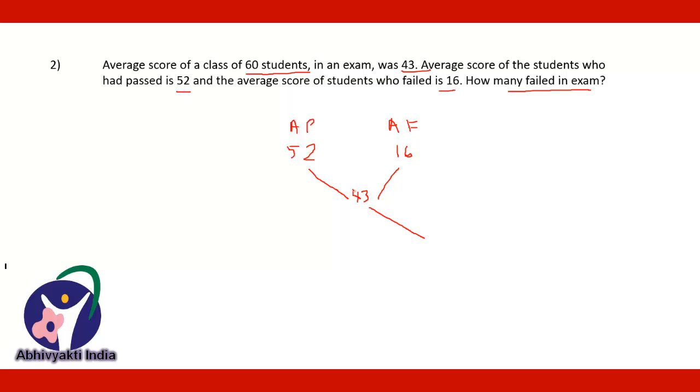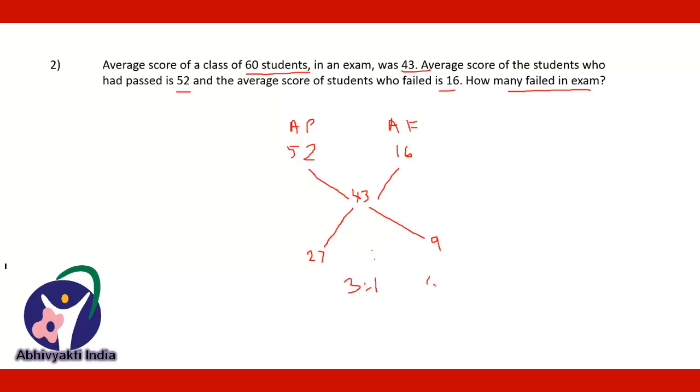We subtract 52 minus 43, that is equal to 9, and then 43 minus 16, that gives you 27. So the ratio of passing and failures is 27:9. It means it is 3:1.